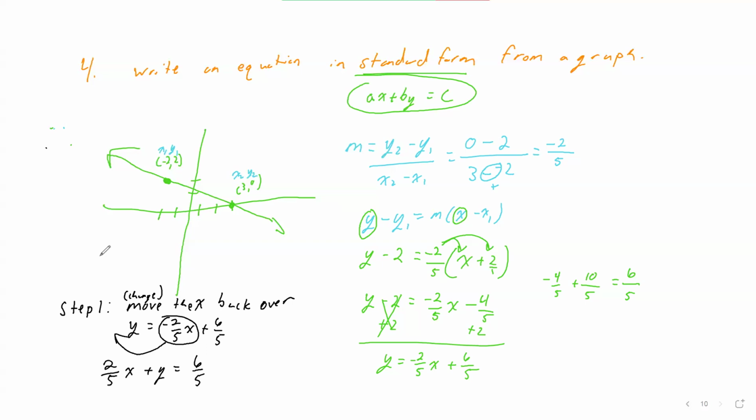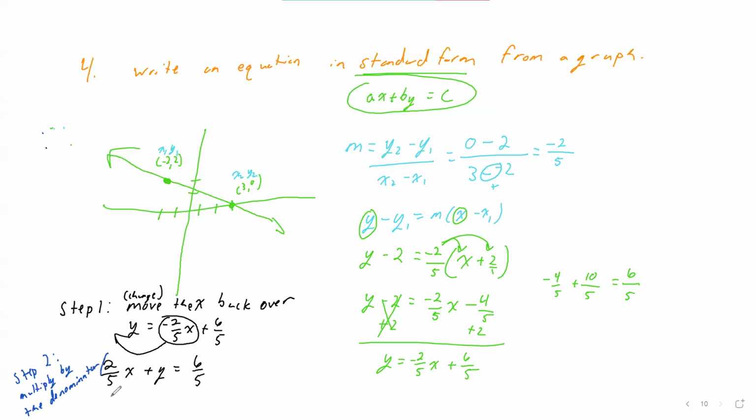The last step, so step 2, there's only 2 steps. We don't like fractions. So you're going to multiply by the denominator. And remember, the denominator is the number that's on the bottom of the fraction.